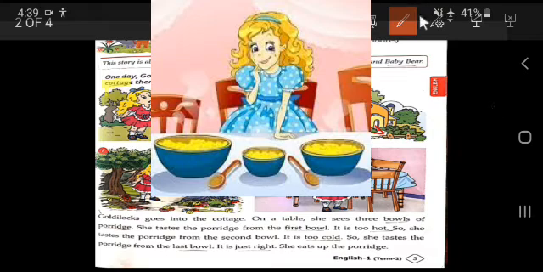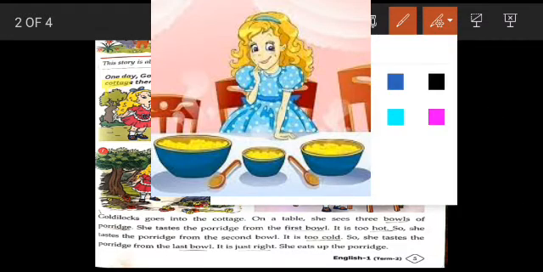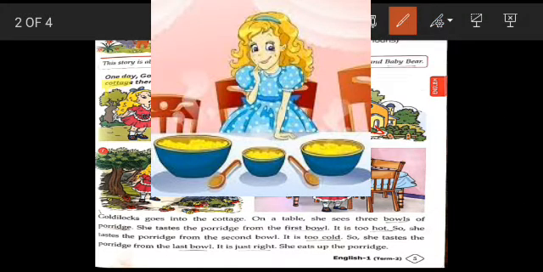So students, anyway, we made her reach the cottage. Then she goes into the cottage. In the cottage, she sees 3 bowls. So how many bowls does she see in the cottage?